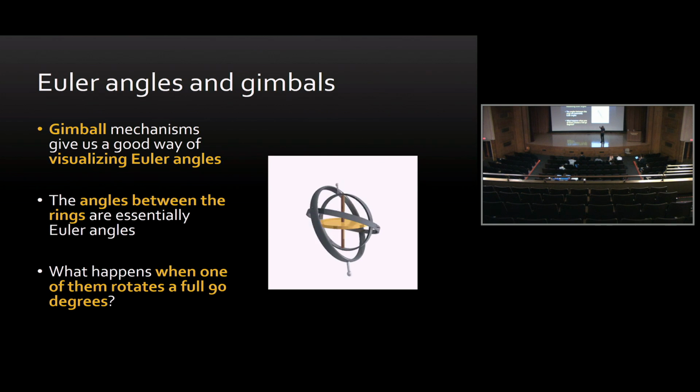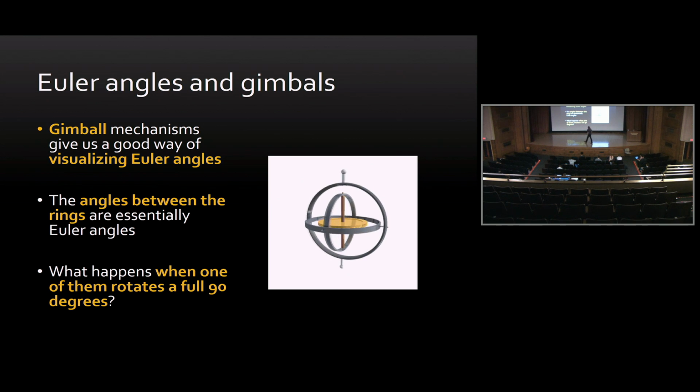But then you need to hold it up in the air somehow so that as the ship turns, it's not applying torques to try and move the gyroscope out of position. So if you put it in one of these combinations of rings with hinges on them, called a gimbal, then the ship can rotate around the gyroscope, and the rotations of the ship don't affect the gyroscope.